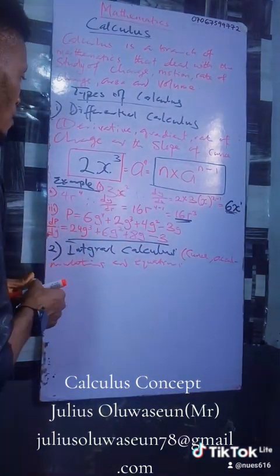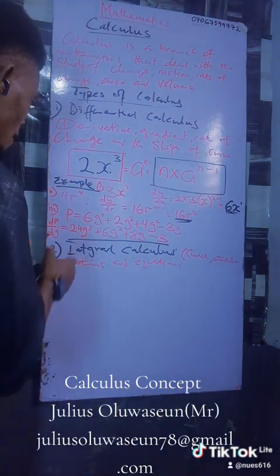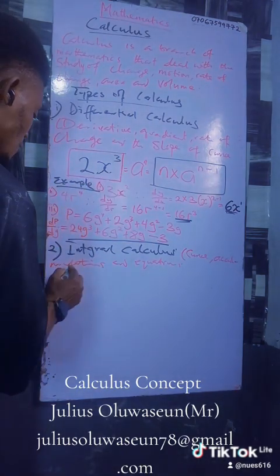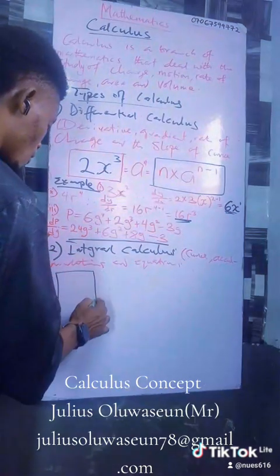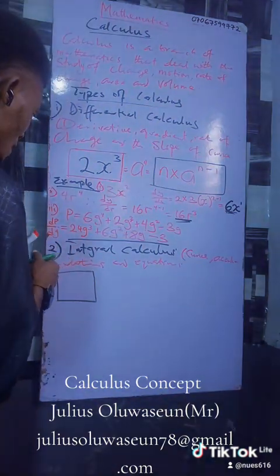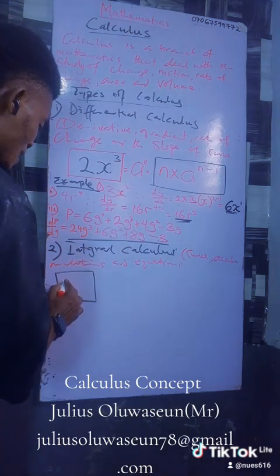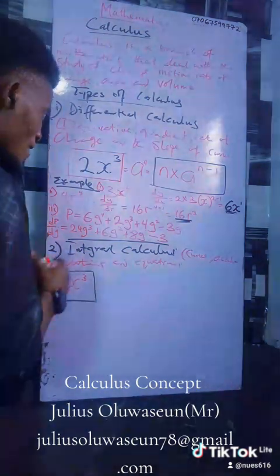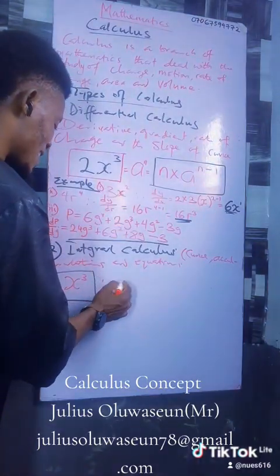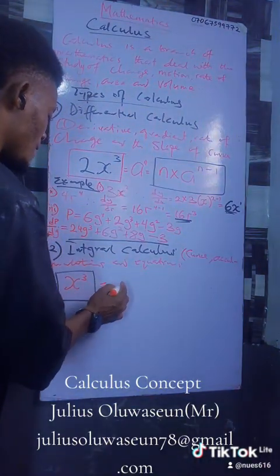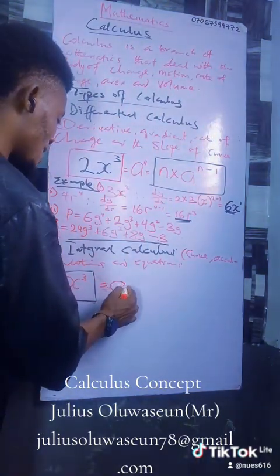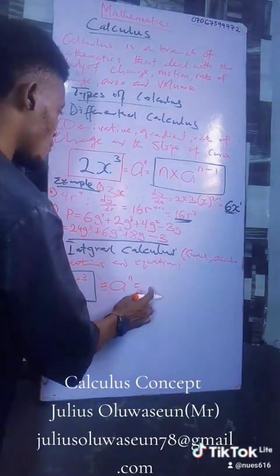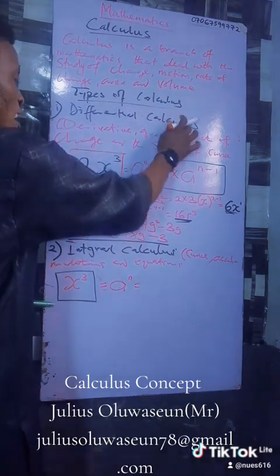For our integral calculus, I'm going to make use of this process as well. Say you are given x power 3. Don't forget what I said, that in this x power 3, x represents our a, and 3 represents our n, going by what I said when I was discussing differential calculus.